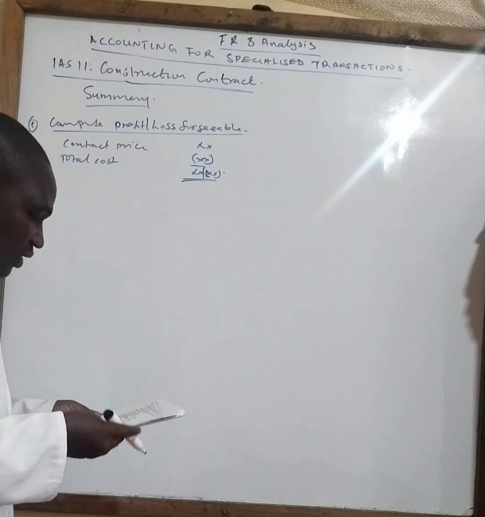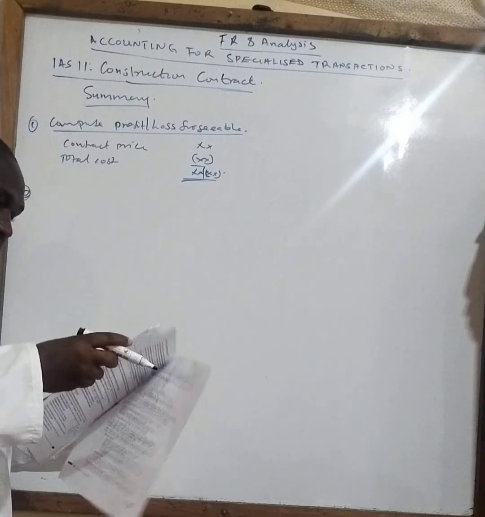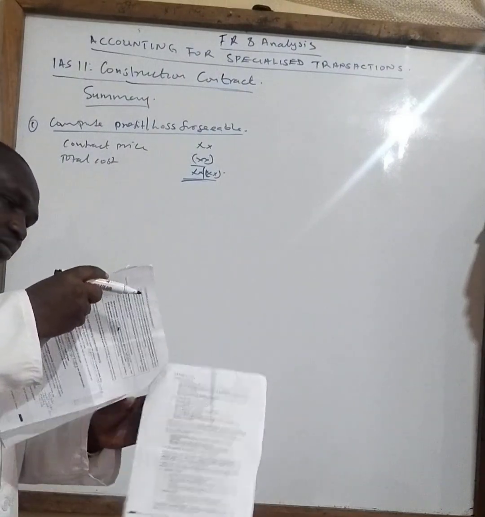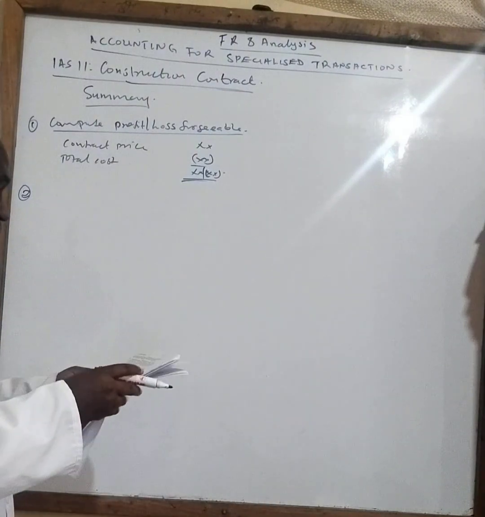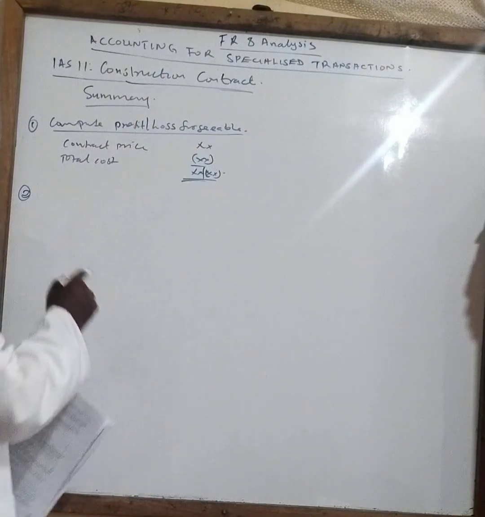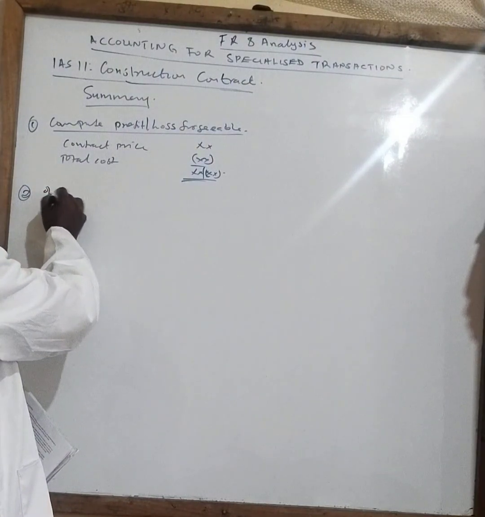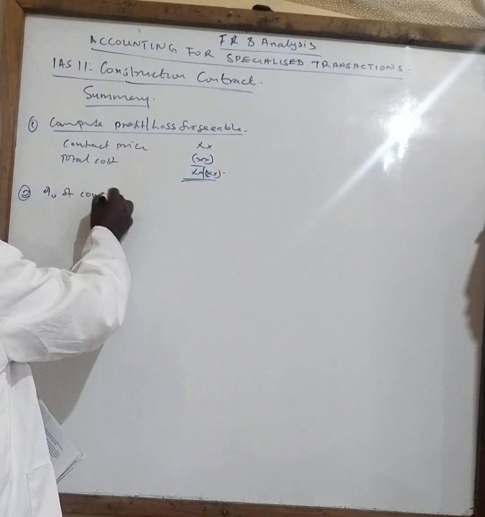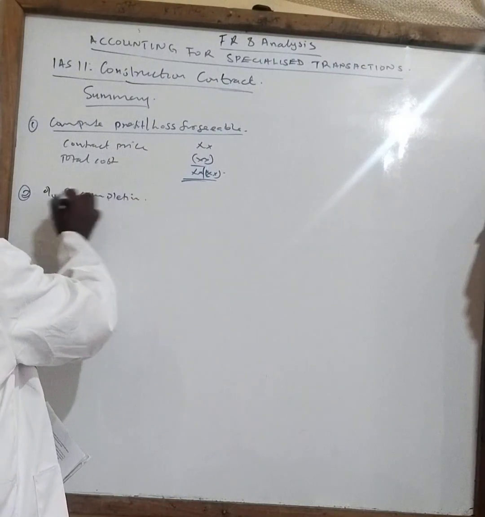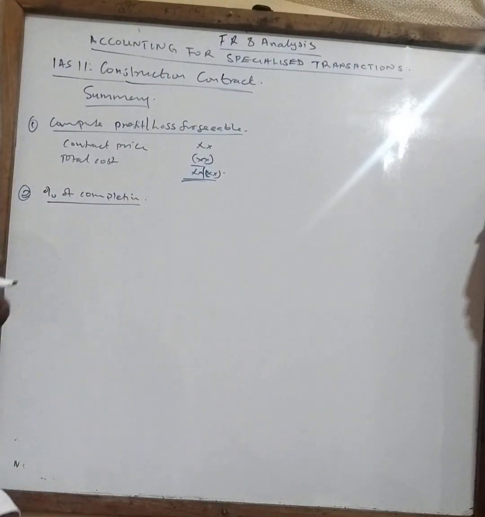The next stage is to determine the percentage of completion, which is given in two methods, or several, depending on the examiner.